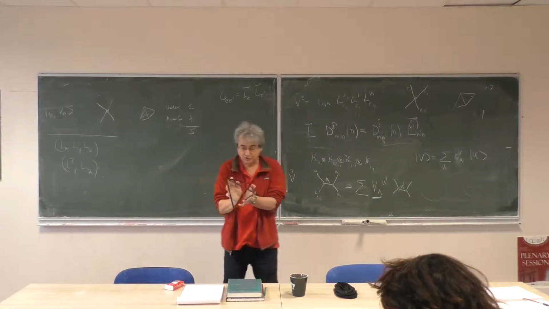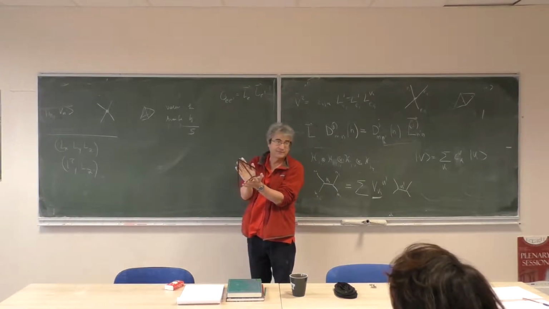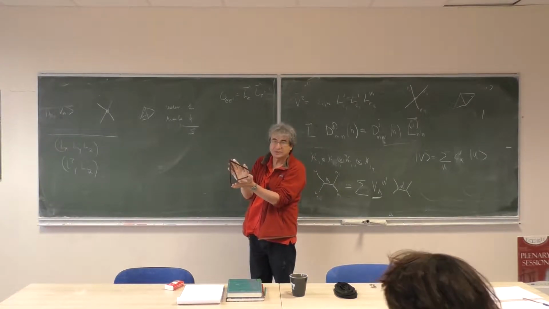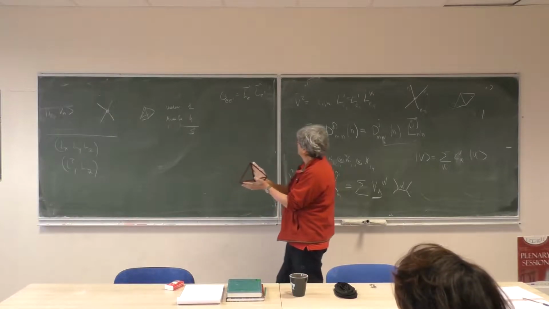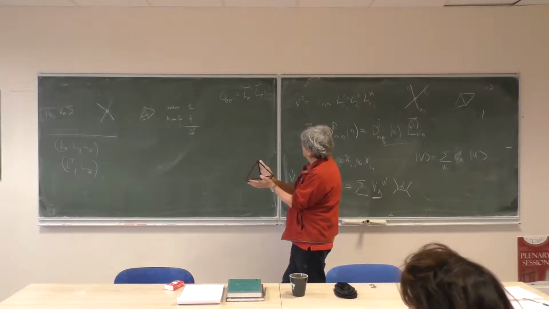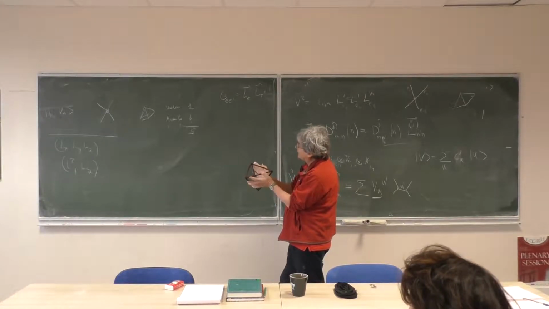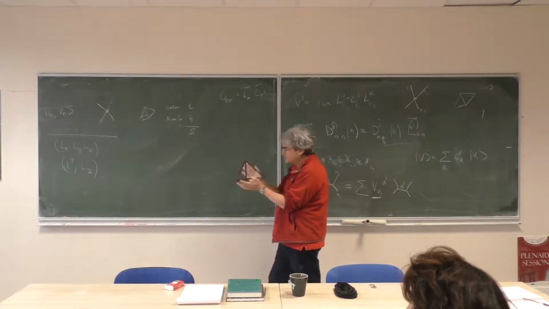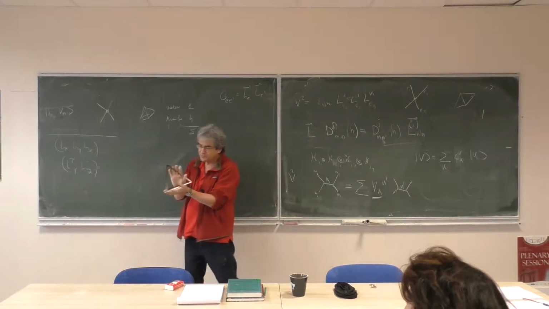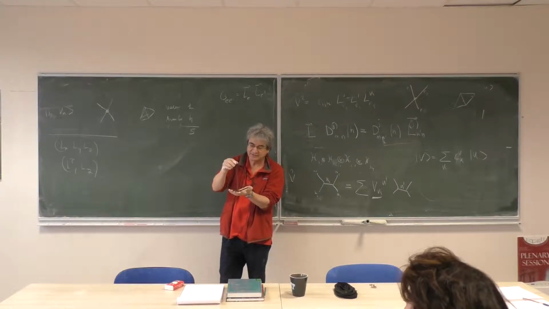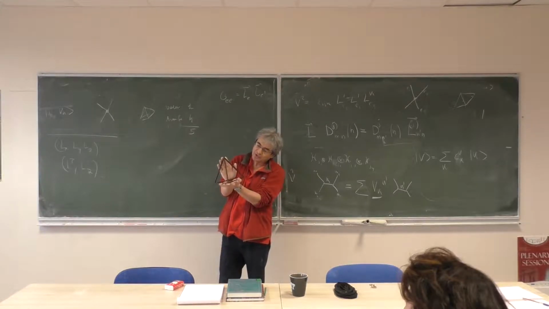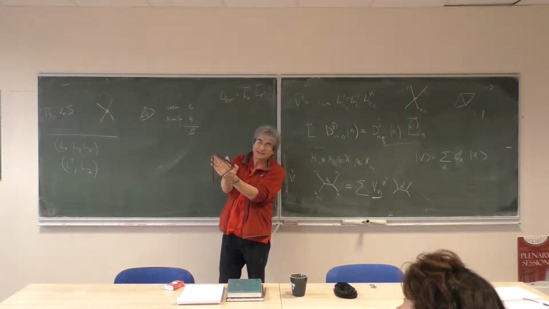So you can fix the angle of this, but you cannot fix all angles. So what can you fix? You can fix 4 areas and the volume, or you can fix 4 areas and 1 dihedral angle.